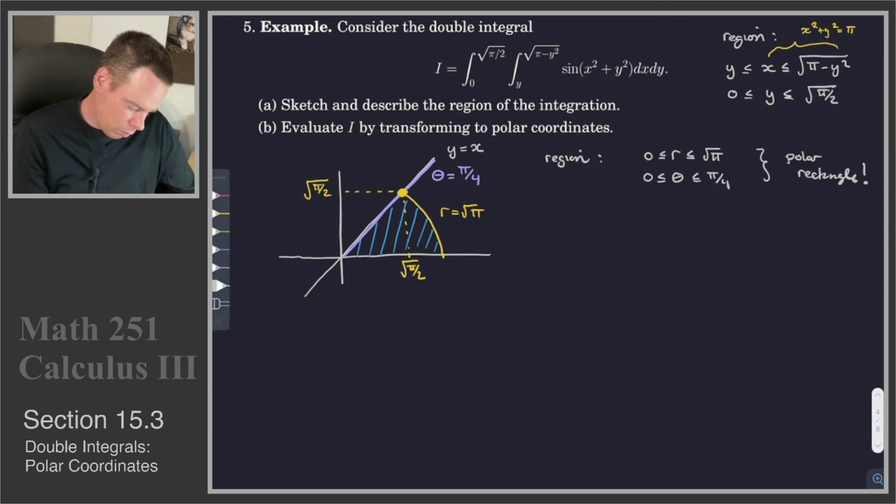So what is our integral? Our integral I, switching to polar coordinates, becomes the following. So our integrand becomes sine of x squared plus y squared. So maybe we should say switch to polar.